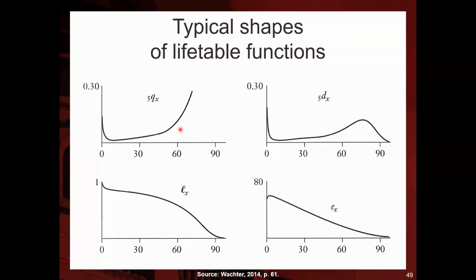These are the typical shapes of the life functions. The probability of dying is usually higher in the first age groups and then goes down. Afterwards it starts to go up until it reaches really high levels in older age groups, and it equals 1 in the last age group in our life table.